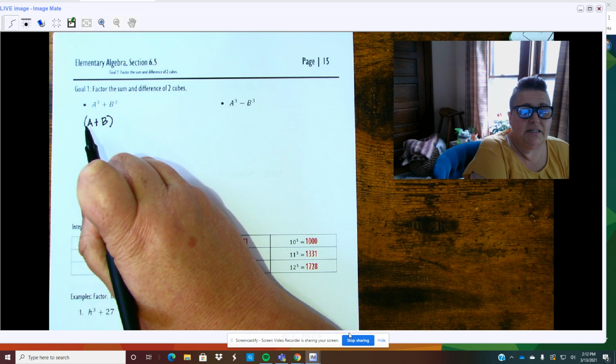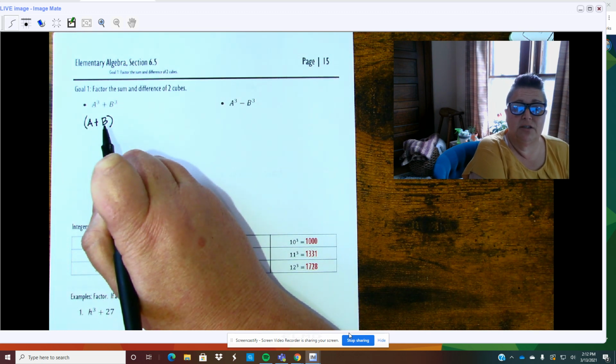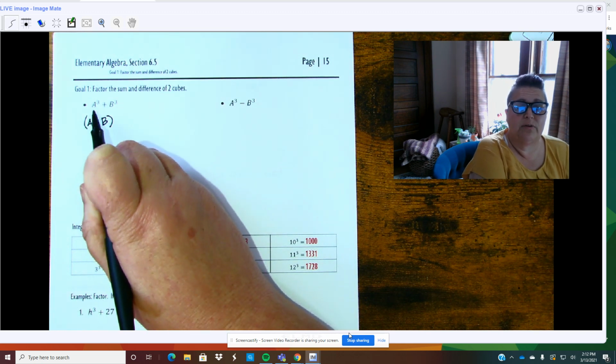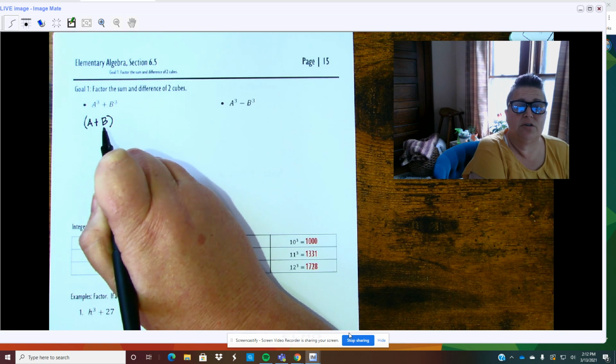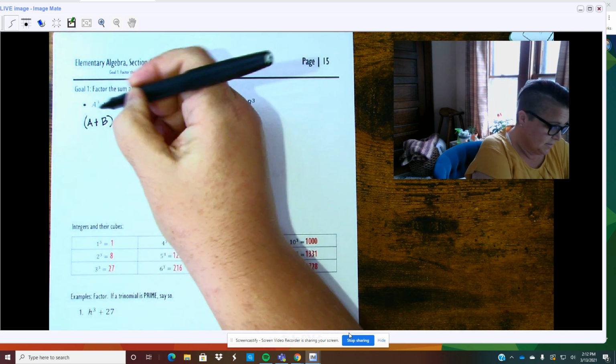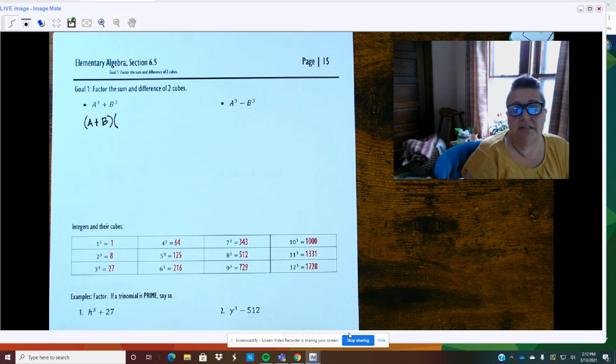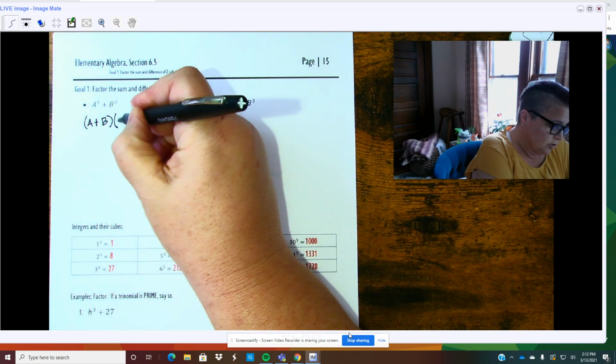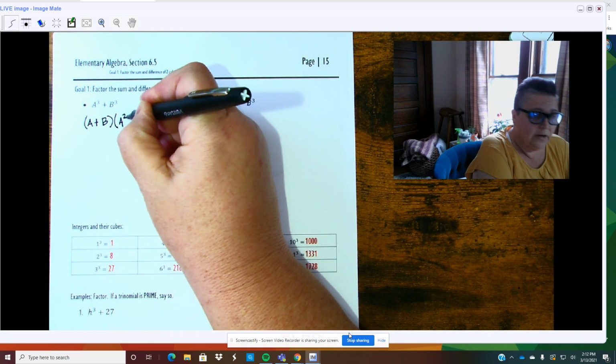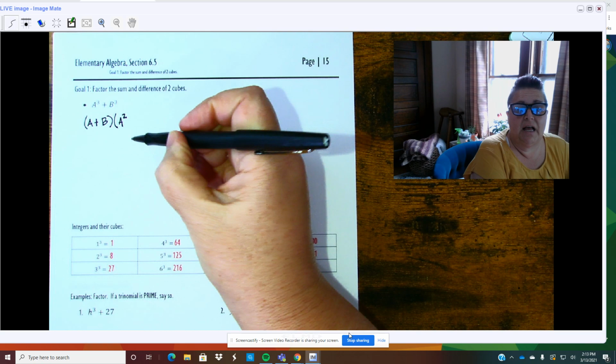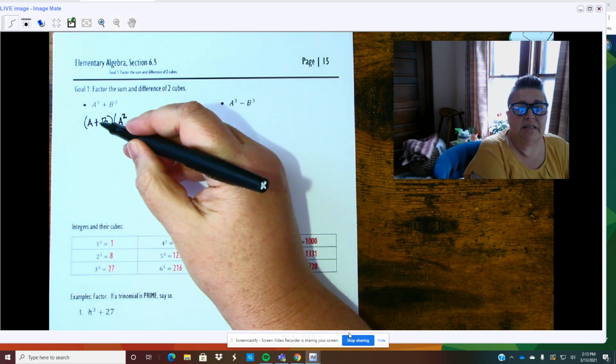Once you have listed the cube root of a plus the cube root of b, so the cube root of whatever your first term is, plus the cube root of whatever the second term is, then it actually gets multiplied by a trinomial. And in that trinomial, you have three terms. The first term is whatever a is squared. The next sign is the opposite.